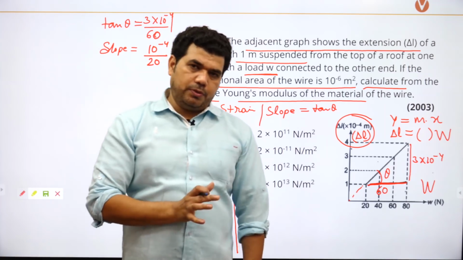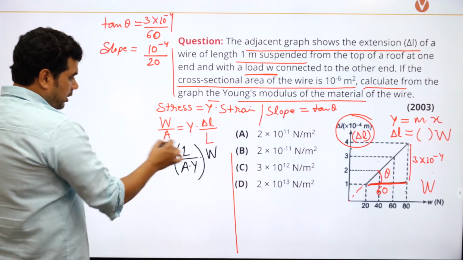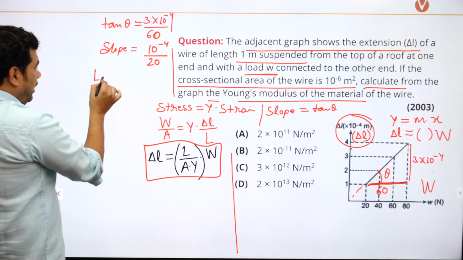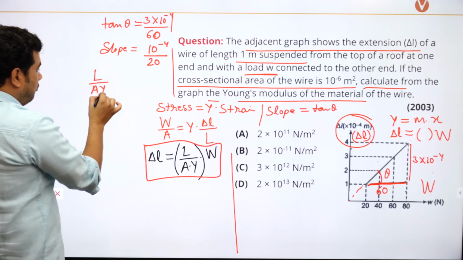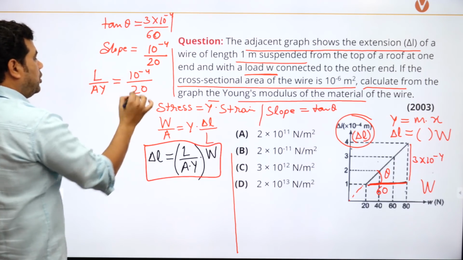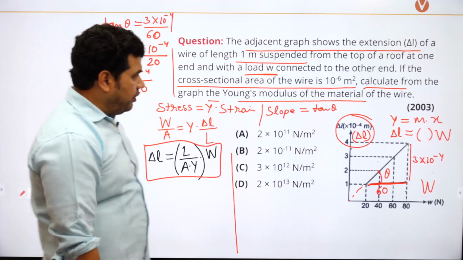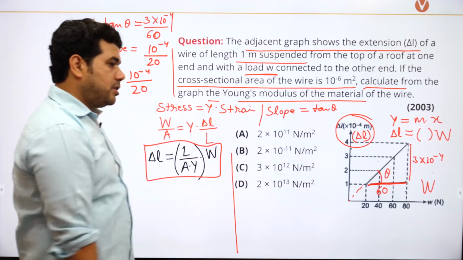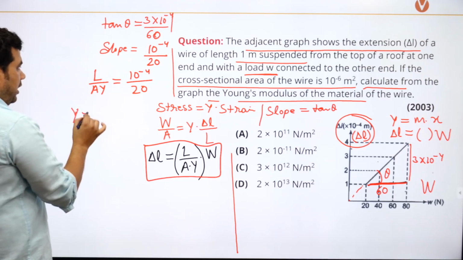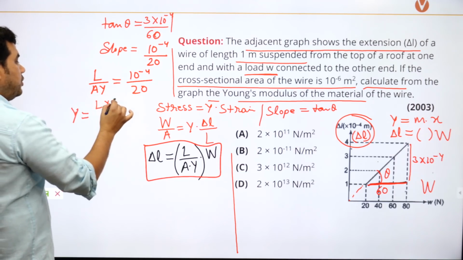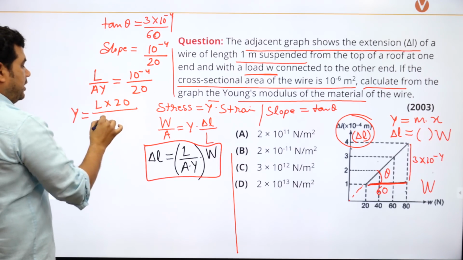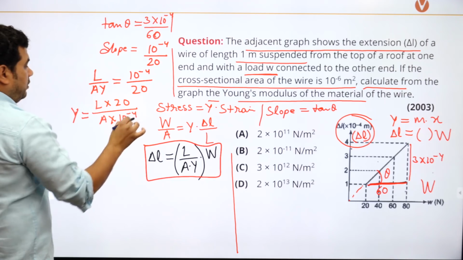Now we have the slope, and from another equation we have the slope like this. So L upon AY should be equal to 10 to the power minus 4 upon 20, right? So what we have to find? We have to find the modulus, means we have to find Y. So Y can be written as L into 20 divided by A into 10 to the power minus 4.